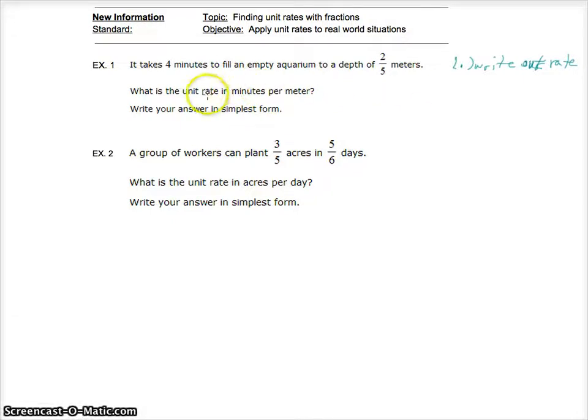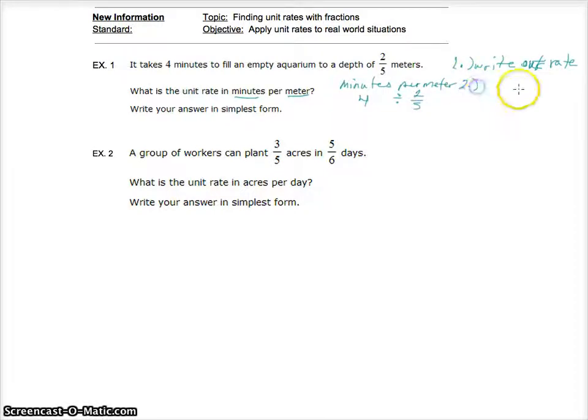The rate it's asking for is minutes per meter. Per is telling us to divide, so I'm going to have 4 minutes per 2/5 meters.